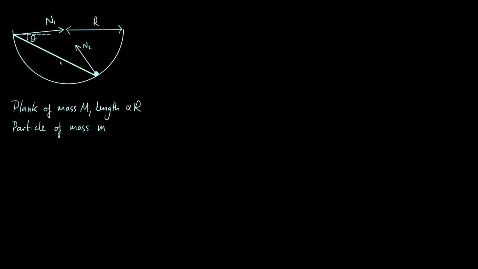If we assume the rod is uniform, then its weight can be thought to act through the exact center of the plank, so exactly in the middle. If it's uniform, the center of mass is going to be in the middle. So I'm going to draw on this force capital Mg acting at the midpoint of the plank, and also this particle at the other end is also going to have its own weight acting directly downwards. That's just going to be small m times g.